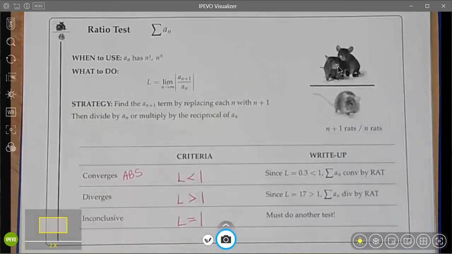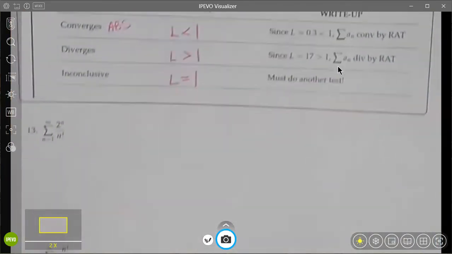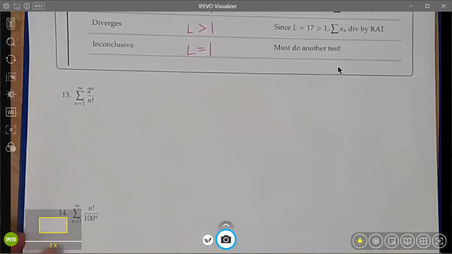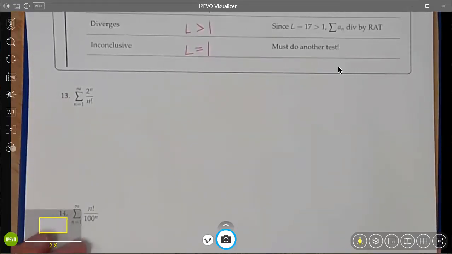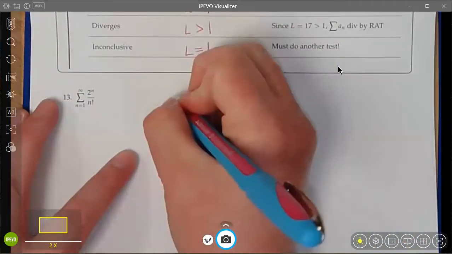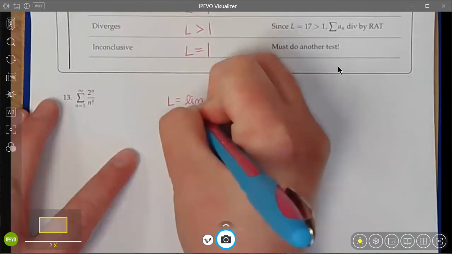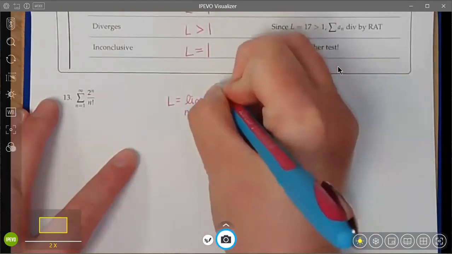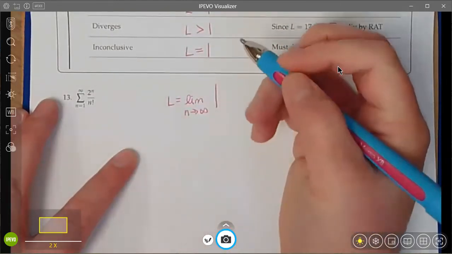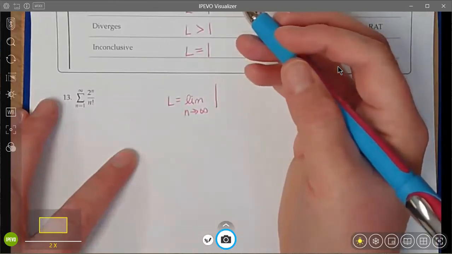All right, so let's look at number 13. We'll give this a try. So number 13 is this series from n equals 1 to infinity of 2 to the n over n factorial. So let's start out by writing our limit. So L is the limit as n goes to infinity of the absolute value. Now I need the n plus 1 term.